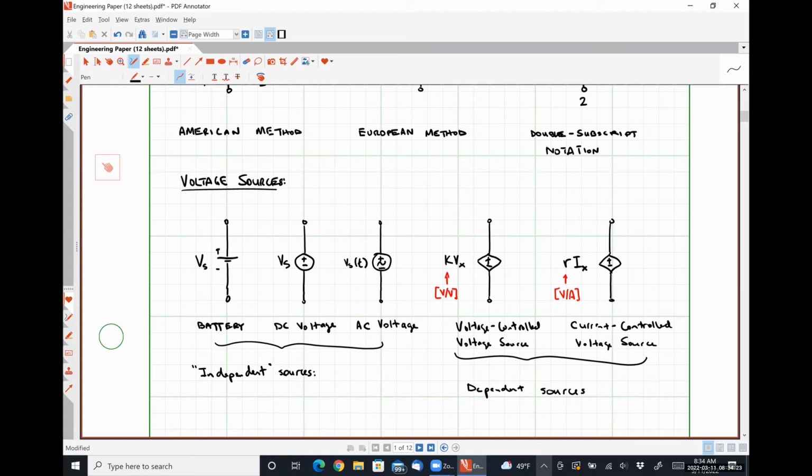Current controlled voltage sources are used a lot to model the behavior of transistors and things like that, which modeling transistors is beyond the scope of this class, but we do introduce the concept here for circuit analysis purposes. All right, so any questions on voltage before we move on to current?